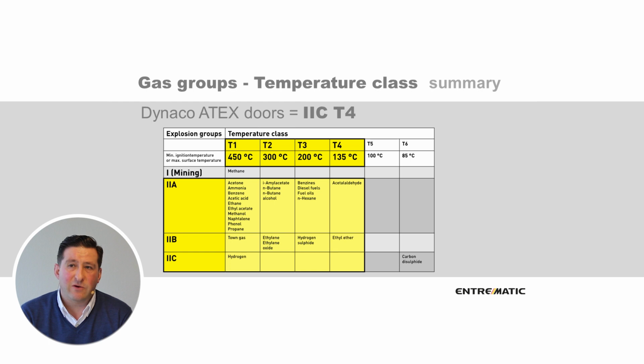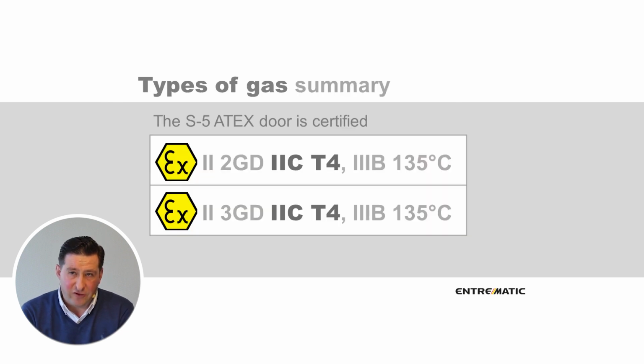So if the customer requests a T5 or T6, this cannot be fulfilled with our door, but as you see, most of the temperature classes and the gas groups are covered by the certification of the door. So this you see also in the string.